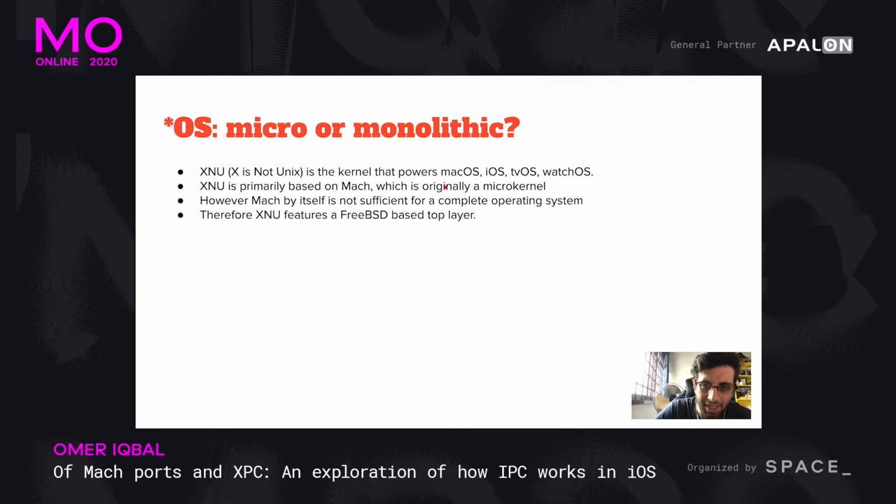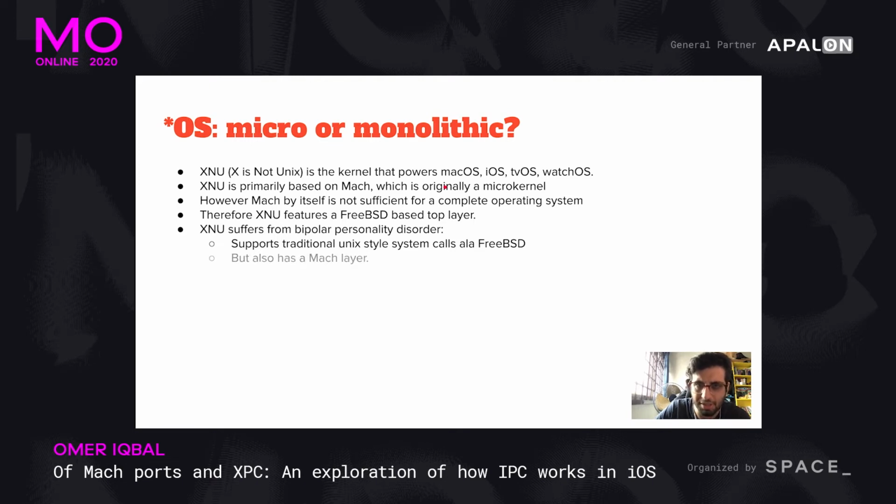So in that sense, XNU suffers from a bipolar personality disorder because it has these traditional Unix style system calls, like the thing we were discussing earlier, the send, and many other Unix system calls. Those all will work correctly, but it also exhibits this Mach layer, which is kind of unique.